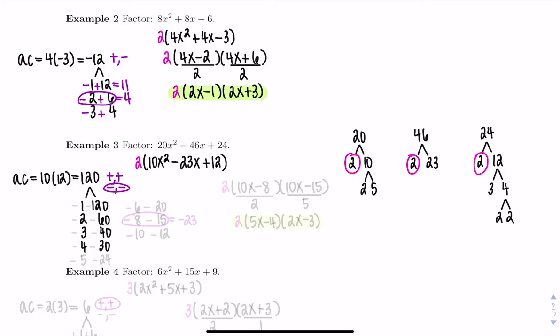We've got 5 and 24. I'm going to write it next to the first column.